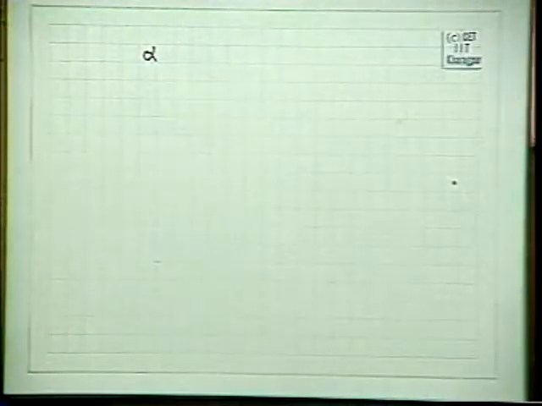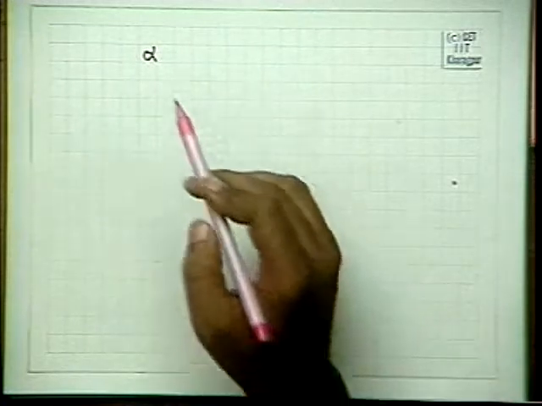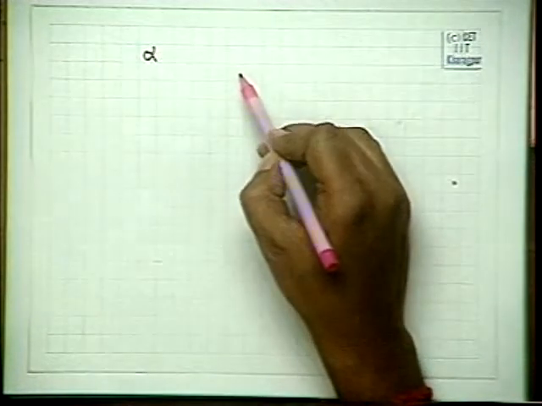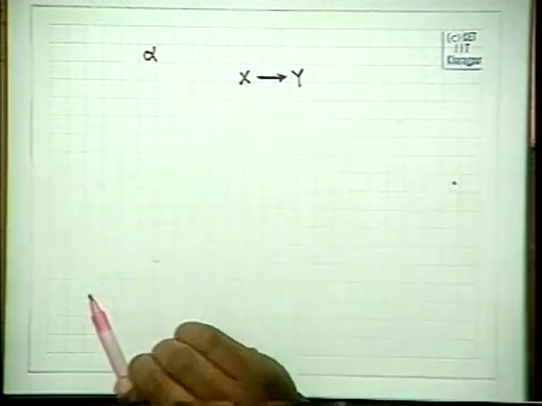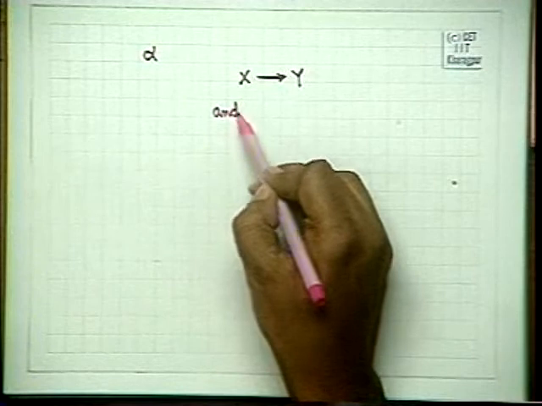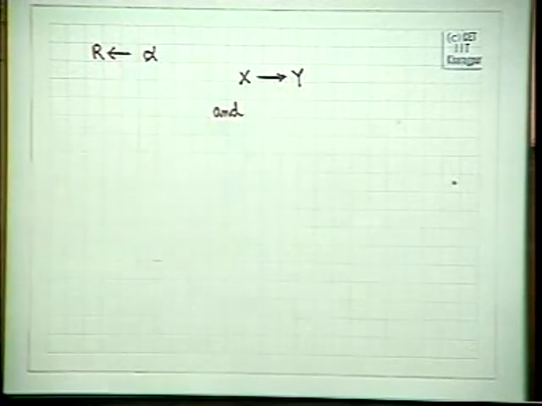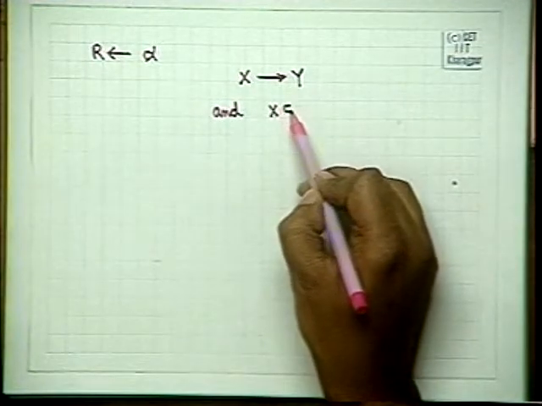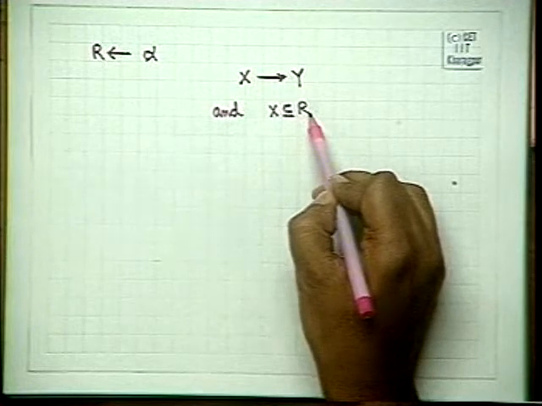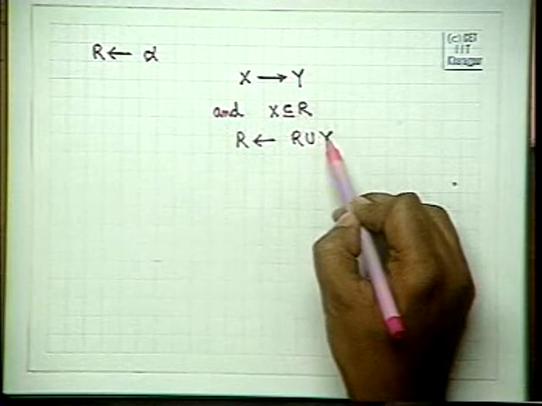It starts with alpha, it picks up functional dependencies one by one, and if a functional dependency is of the type x to y, and alpha is initially stored in a temporary set R, and if x is a subset of R, then R is assigned R union y.